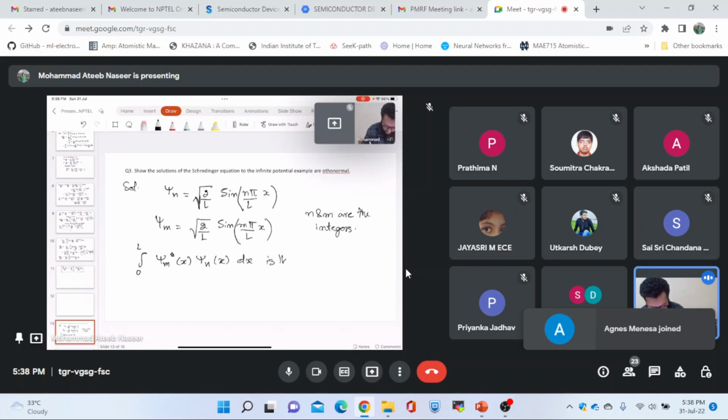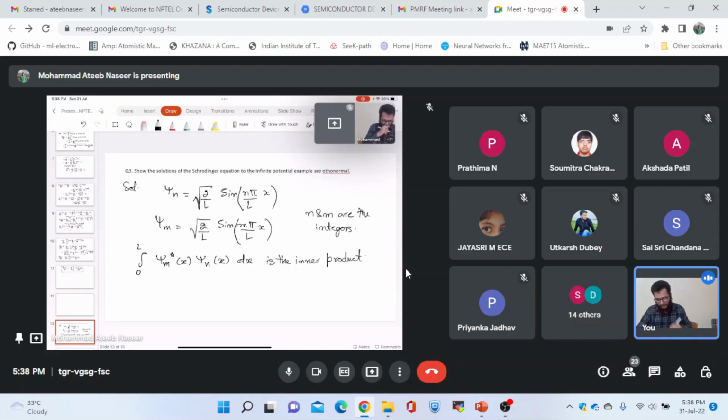This is the inner product. If I conjugate psi m, I simply get root of 2 by L sine of m pi by L x, and psi n will simply be root of 2 by L sine of n pi x by L, integrated over x space.